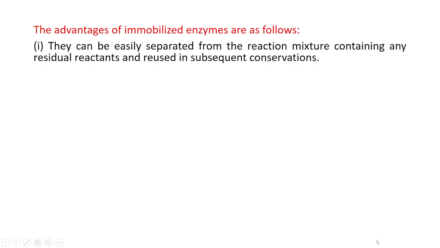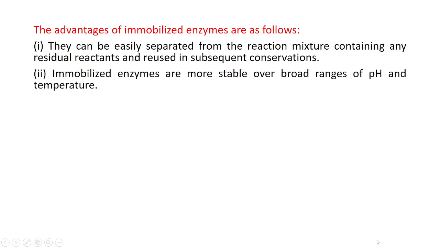So what are the advantages of immobilized enzymes? They can be easily separated from the reaction mix. Since the enzymes are immobilized, they can be easily separated and reused. The immobilized enzymes are stable over a broad range of pH and temperature when compared to non-immobilized enzymes, and the enzymes will not be present in the waste stream.